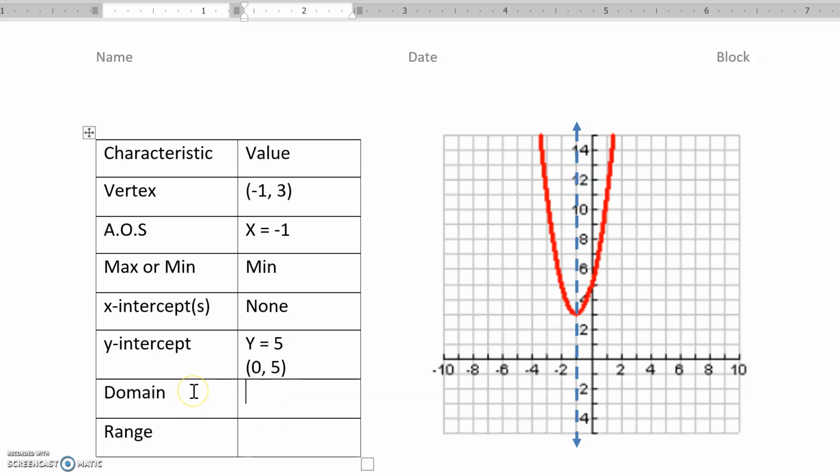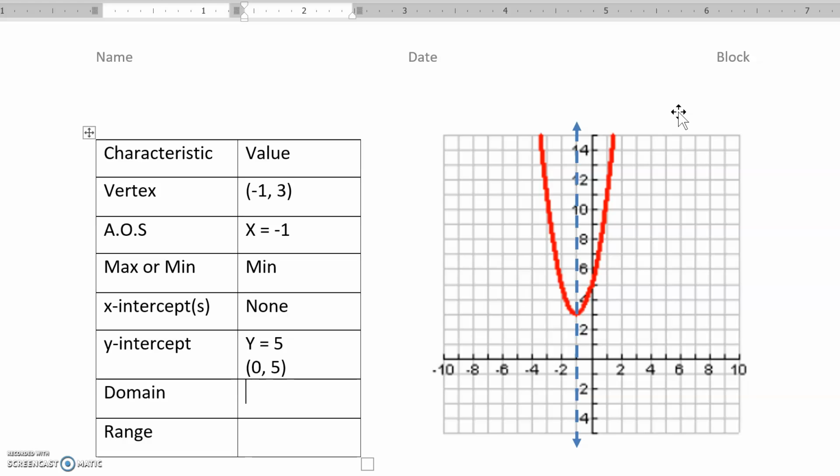The domain, remember the domain are the x values. Where does this graph exist with the x values? Well, this graph is going to continue to get wider and wider as it goes on forever and ever. So it's going to exist at every single x value that you could think of.